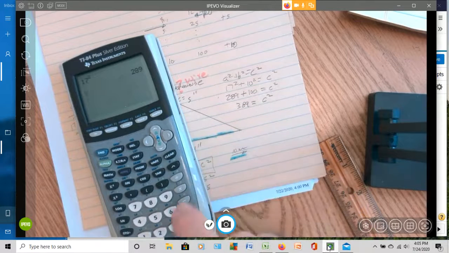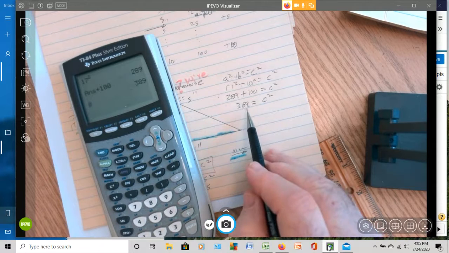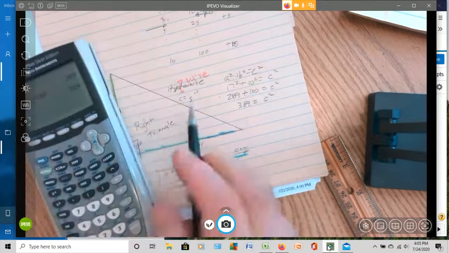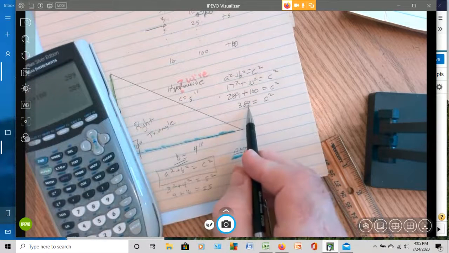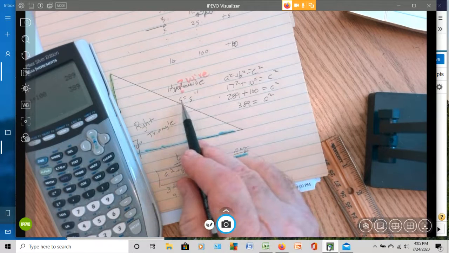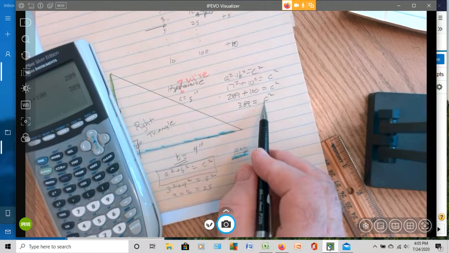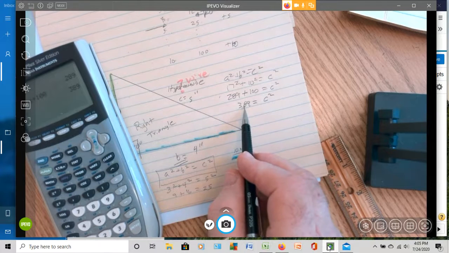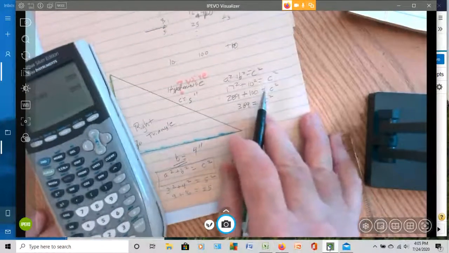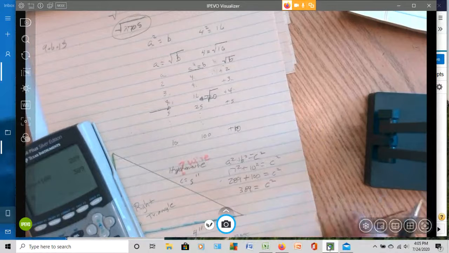Now, please remember, they didn't say that C is 389. They said that C, whatever C is, when it is squared, is equal to this. Now you think back to that little discussion we had on a previous problem about this: a squared equals b, and a is equal to the square root of b.